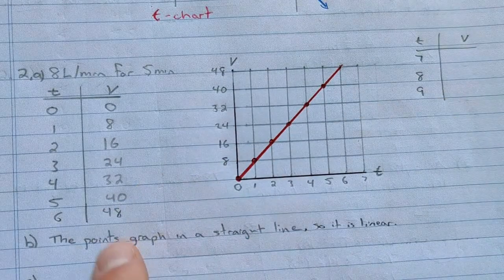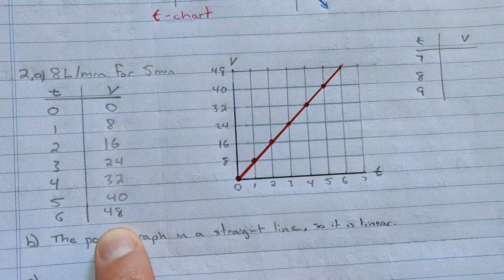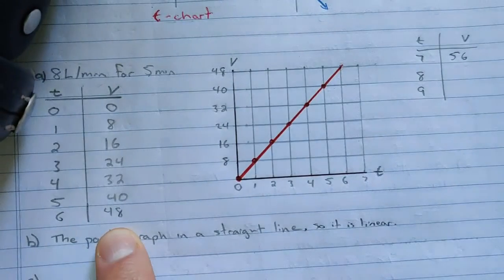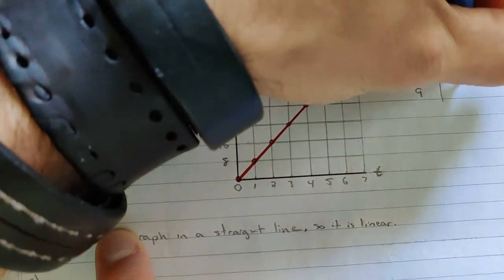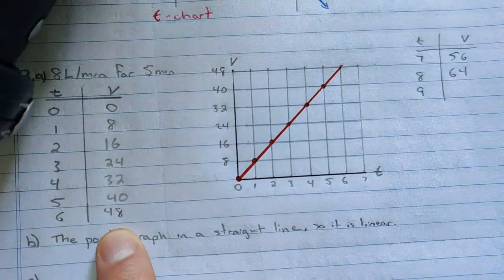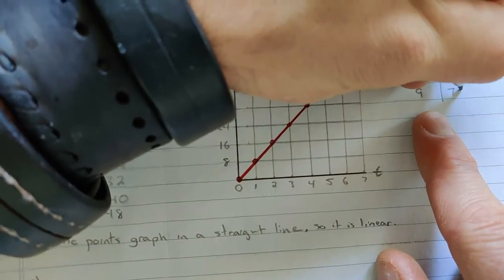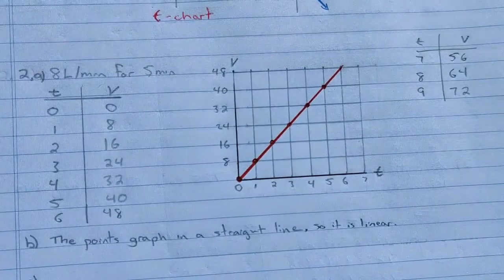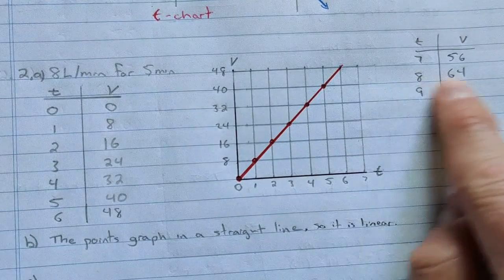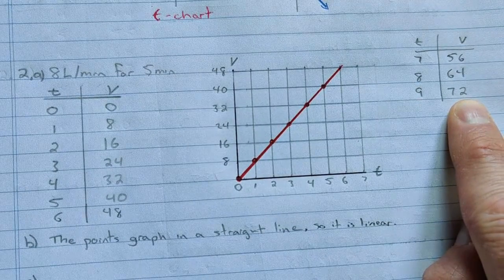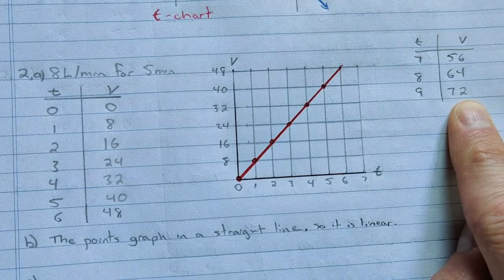And then from 48, we'd add 8, and we would have 56. And then we'd add 8 and get 64. And then we would add 8 and get 72. So 72 liters would be how much water is in the bathtub after 9 minutes.